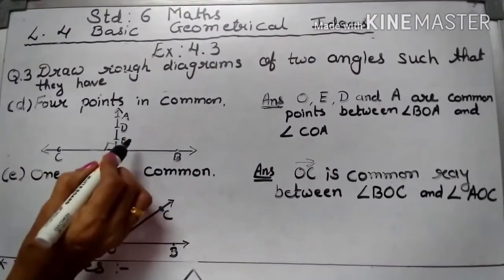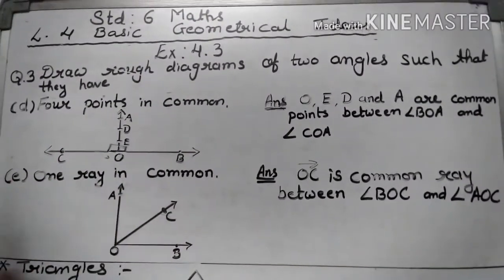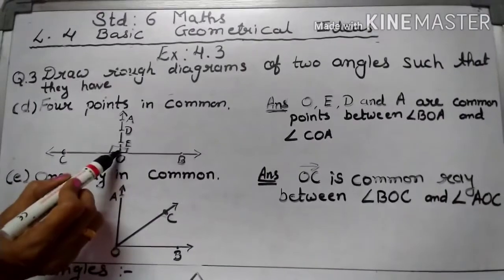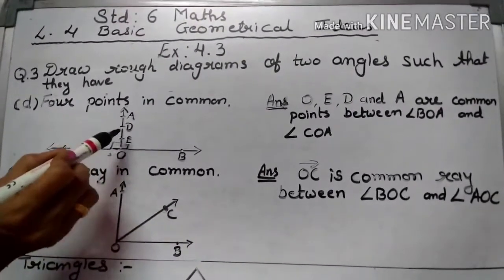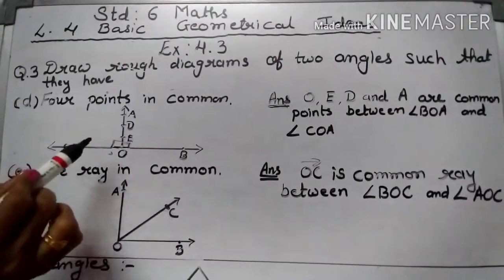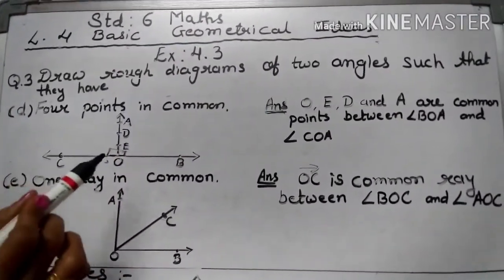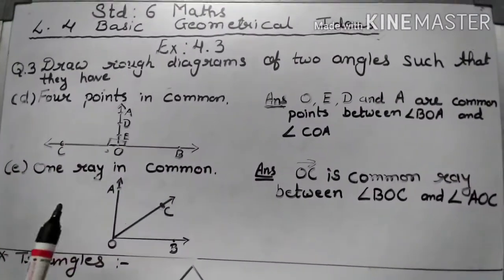These are the two angles with 4 common points. Here, which are your common points? Here the points are O, E, D and A. In this way you can draw the rough diagram with 4 common points.